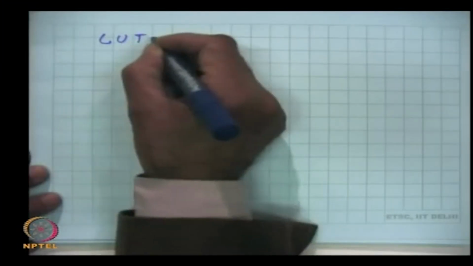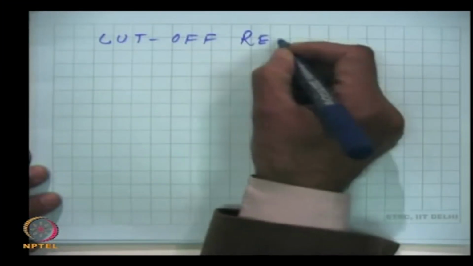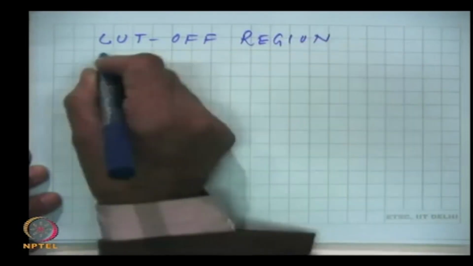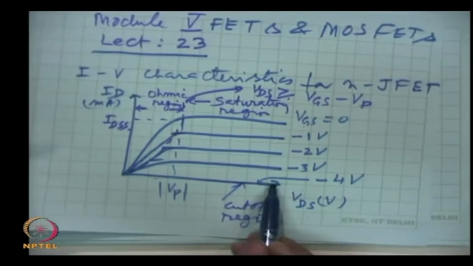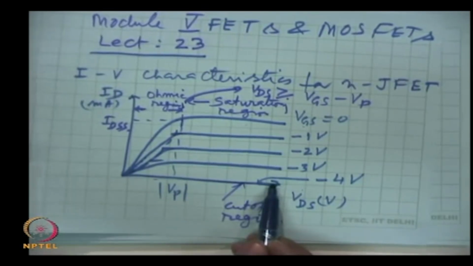Now, the cutoff region. Cutoff region is the region where the drain current is 0.